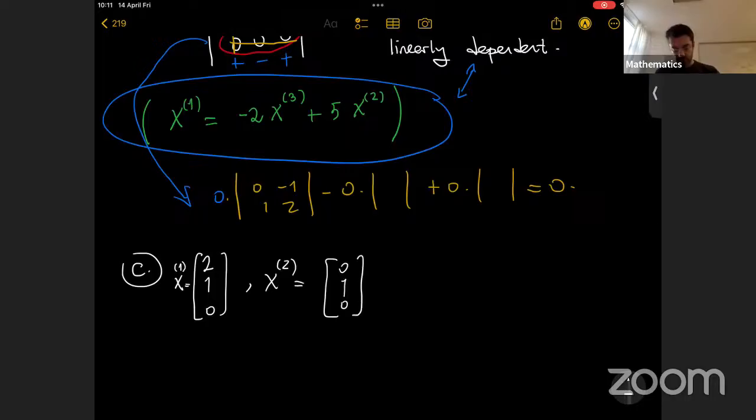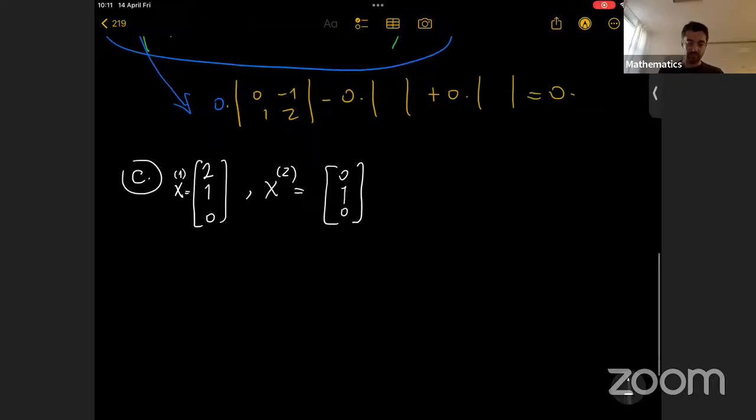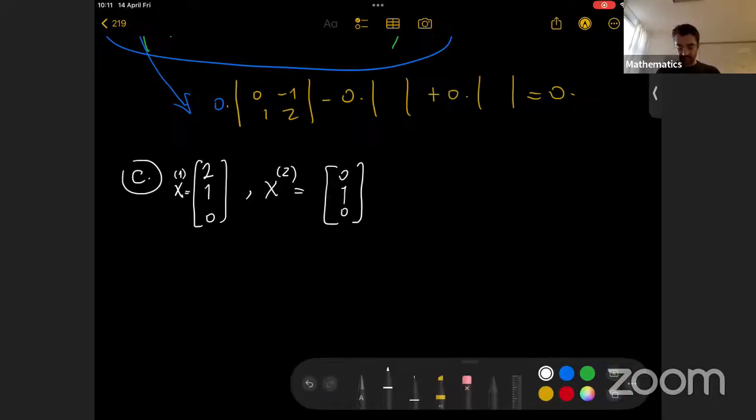Let's check the linear independence of these two. We cannot check the Wronskian because it is not a square matrix. We cannot talk about the determinant, but let's try this.